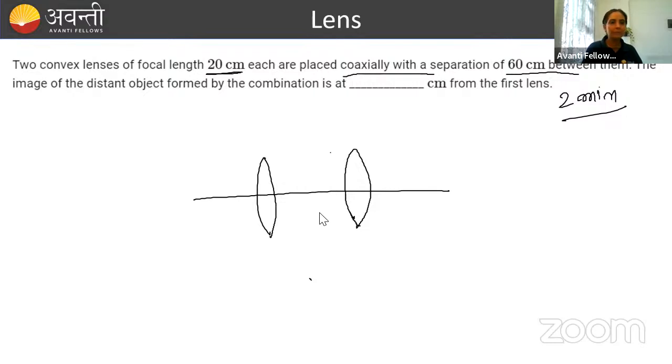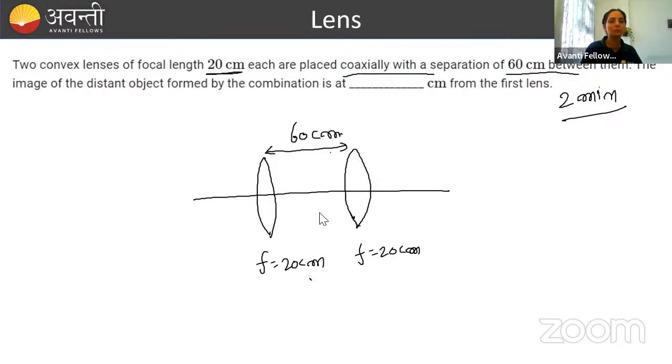So we have two convex lenses of focal length 20 centimeter each. So both are identical basically. From the diagram it doesn't seem like it, but they are identical. So both have a focal length equal to 20 centimeter. Now what's the question? They are at a separation of how much distance? 60 centimeter.